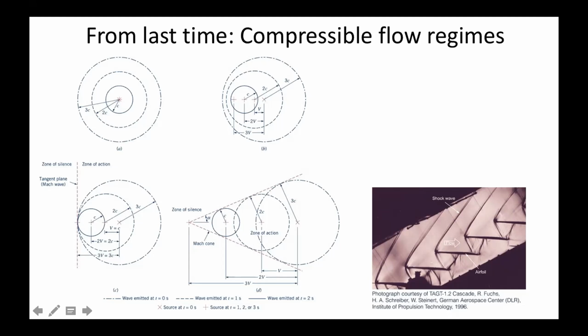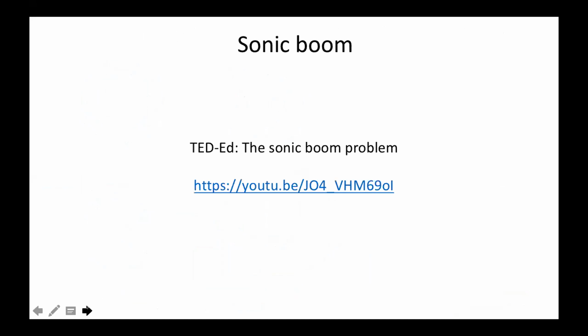And we'll see more about that in a moment. And then here's some nice Schlieren imaging of a series of shock waves that are being developed by these airfoils in an attempt to slow the flow down, okay? And these would be considered oblique shock waves, as you'll learn in a moment. But first, let's take a little bit of time to look at the phenomenon of sonic boom.